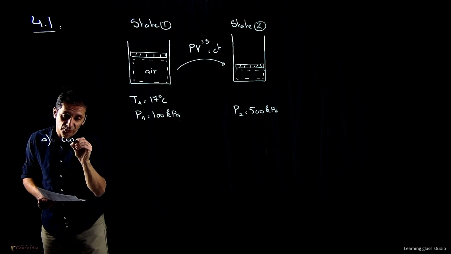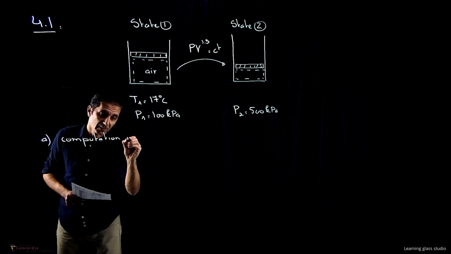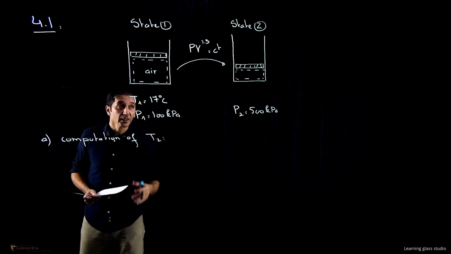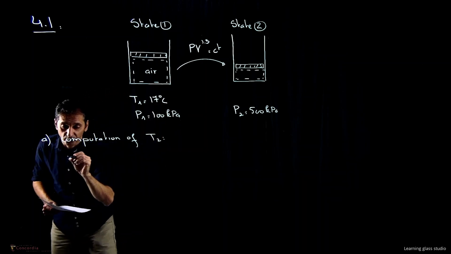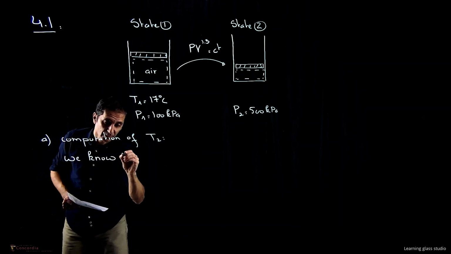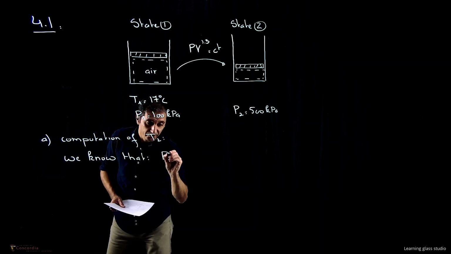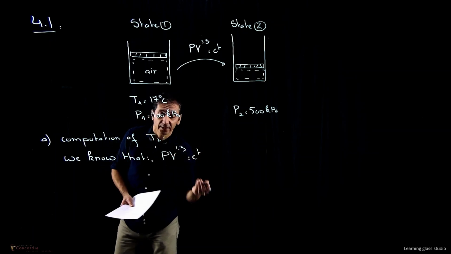So computation of T2. So what do we know? We know that we have a polytropic process, so we know that PV^1.3 has to remain constant.